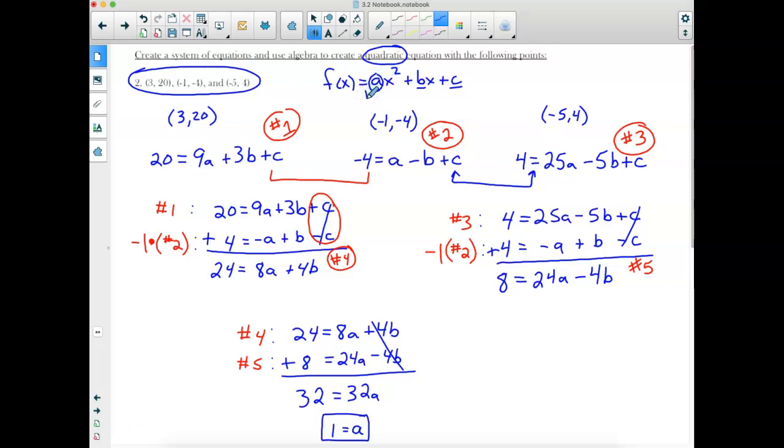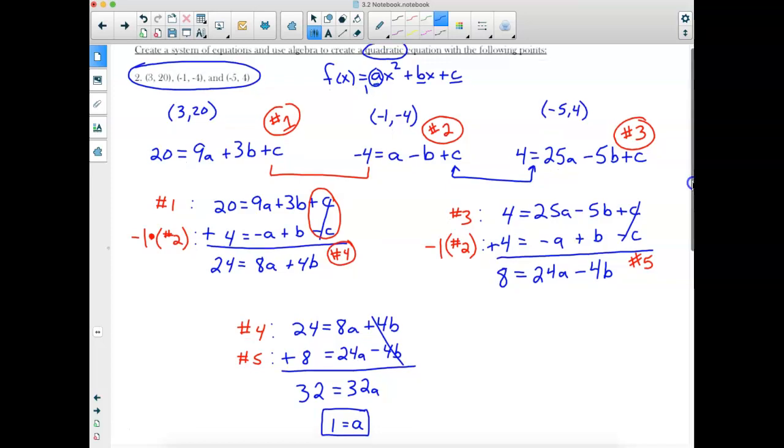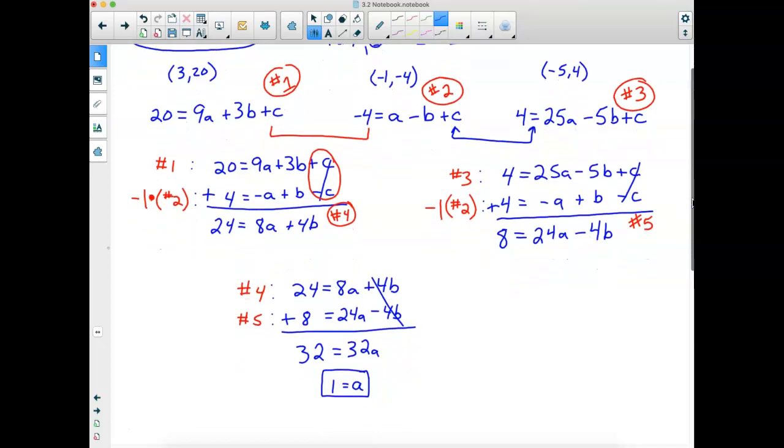Now I need to find B and C yet, but this is the chain reaction backwards. Notice, either equation 4 or 5, it doesn't matter which one you pick.